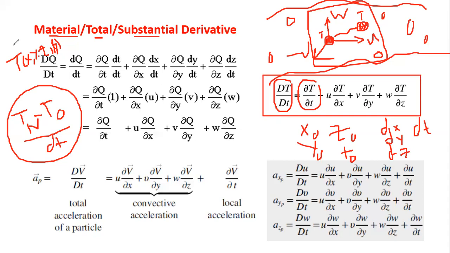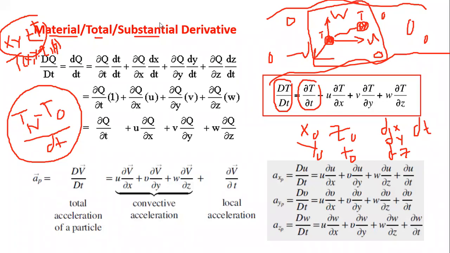So for example, I have a temperature that is equal to T(x, y, z, t), where t is the time. You differentiate this equation with respect to time, and this is partial T, partial t. And also, the temperature could change with the x direction, the y direction, the z direction. You calculate each of these gradients: partial T, partial x; partial T, partial y; partial T, partial z.